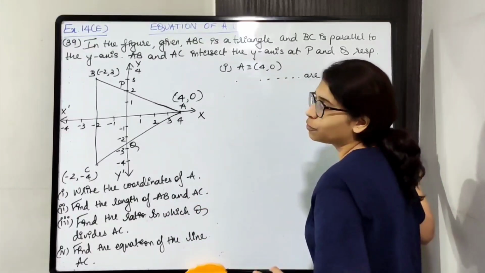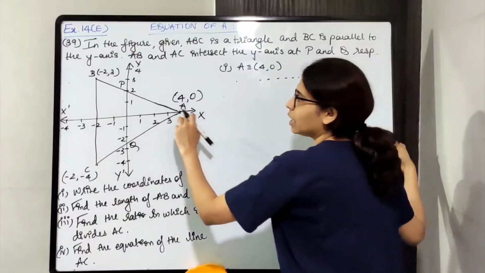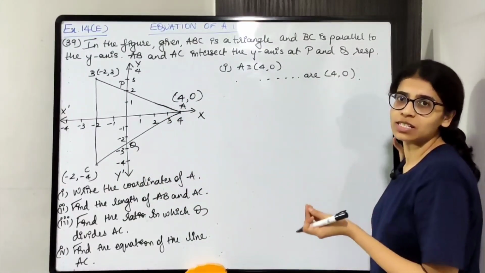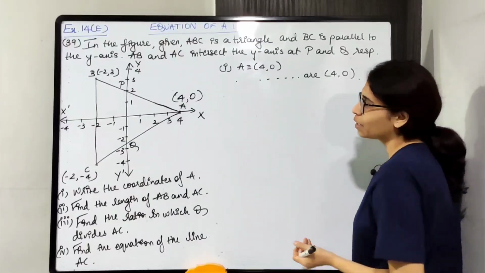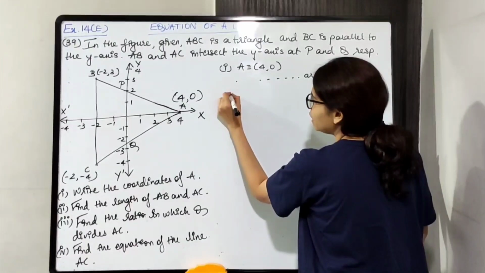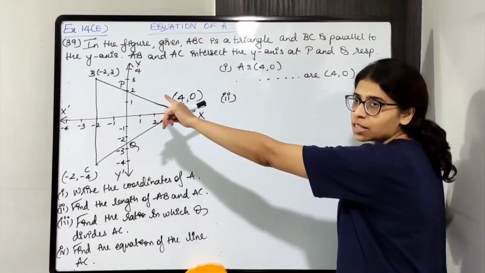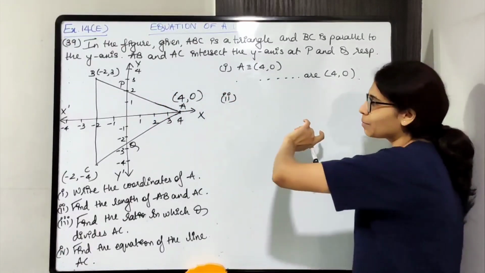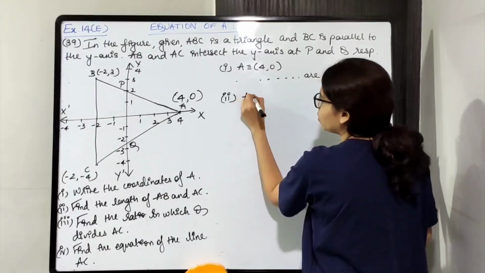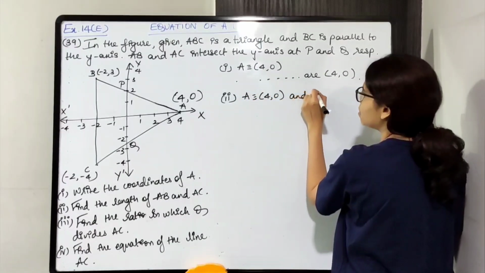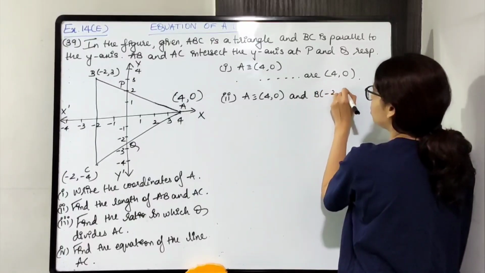Second part, find the length of AB and AC. AB and AC का length find out करना है. For that we'll use distance formula. So again this is very easy. A and B का coordinates पता है, so AB का length पहले find out करते हैं. So write down A is 4, 0 and B is -2, 3.